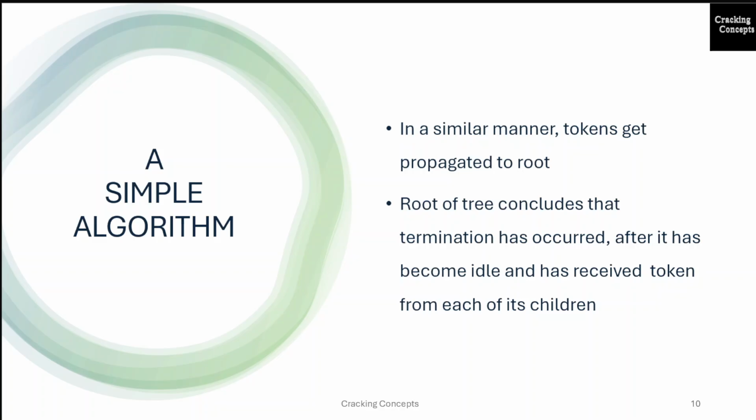This way, each process indicates to its parent process that the subtree below it has become idle. In a similar manner, the tokens get propagated to the root. The root of the tree concludes that termination has occurred after it has become idle and has received a token from each of its children.